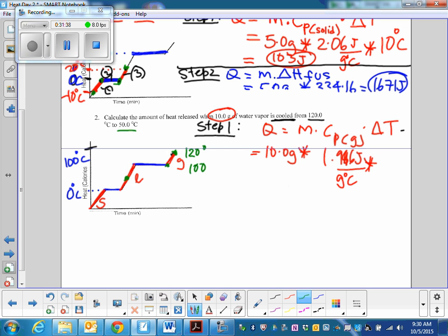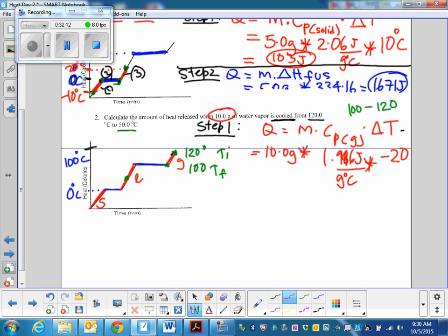And my change in temperature is my final temperature minus my initial temperature. It's always T final minus T initial. So, its final is what? 100. What is my initial? 120. What is my change in temperature? Negative 20. It is not positive. It is negative 20.